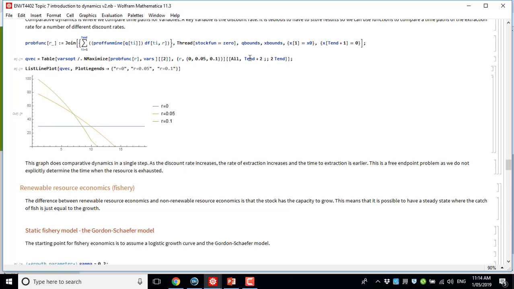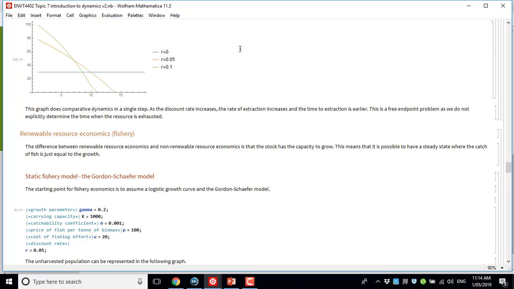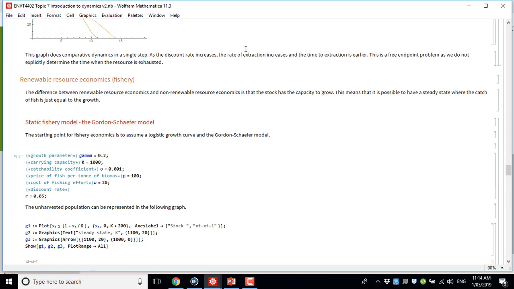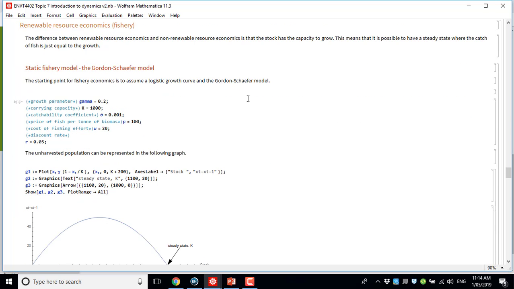A mine is never going to be in a steady state because it's always changing. As soon as ore is extracted, the situation of the mine changes. So with mining, there's no possibility of a steady state.